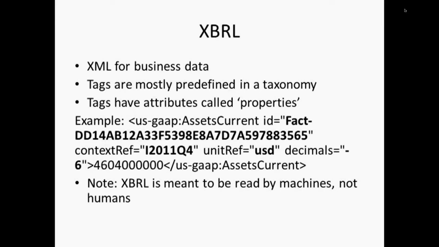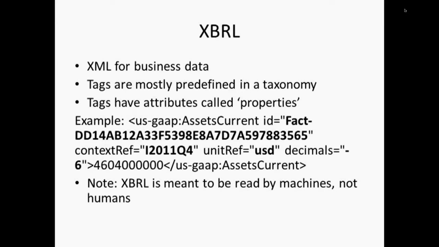So it's very complex, am I right? But when a machine sees this, it gets all the information it needs. It's going to know it's US dollars, that it's current assets, and it'll get this number 4604. It'll know it's in millions.